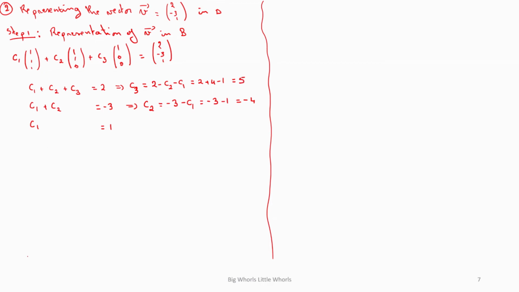So the representation of V with respect to B is (1, -4, 5). Okay, so that's step 1.